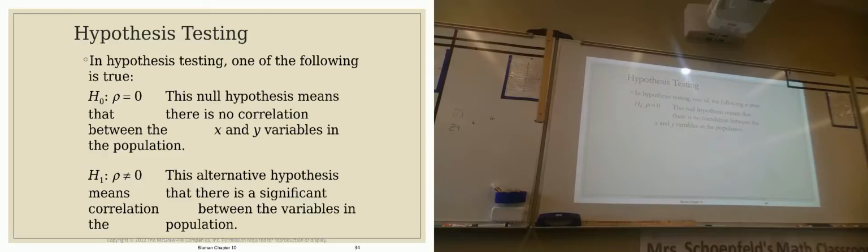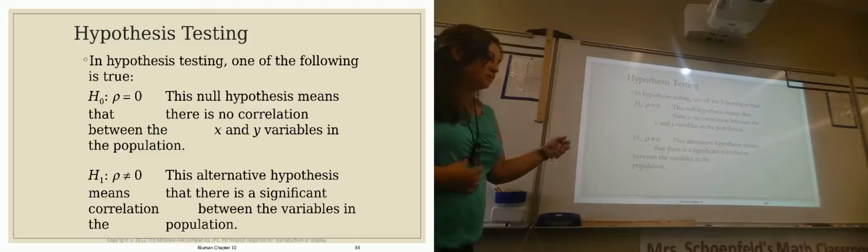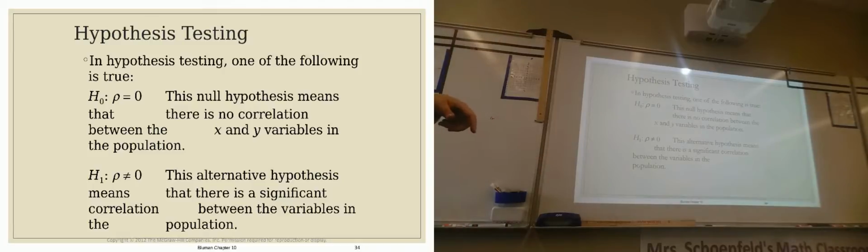Okay, so our null hypothesis is that rho, our population correlation coefficient, is 0. That would mean that there's no correlation. The alternative hypothesis would be that there is a significant correlation between the variables in the population.